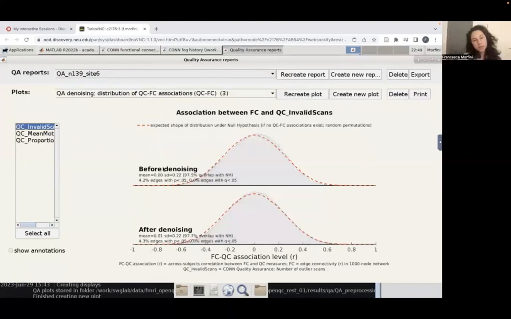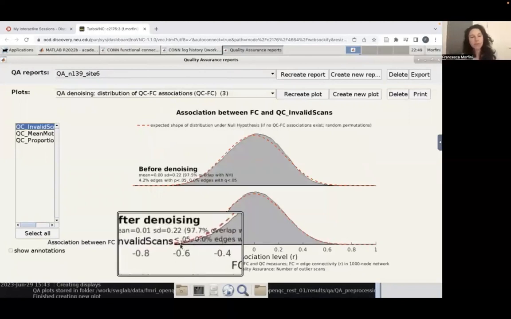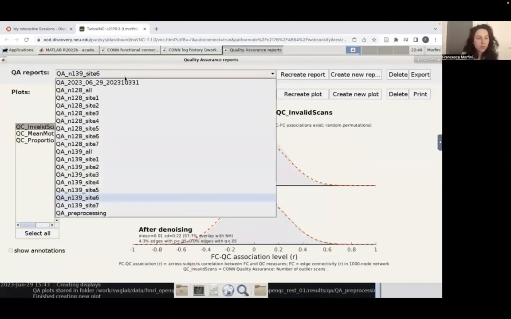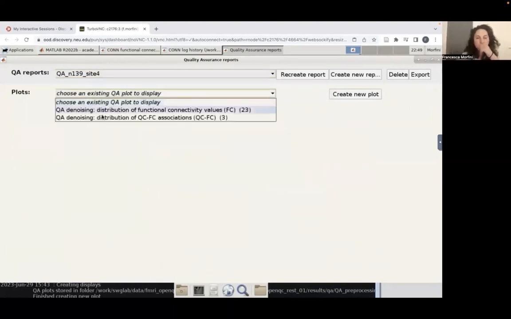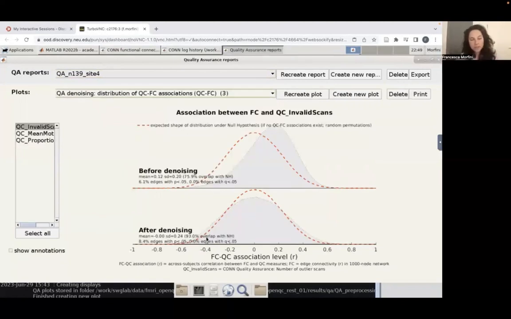So in this case, the QC-FC distribution of our data, as it compares to an expected distribution by chance as computed using permutation testing, which is represented by this red dotted line.